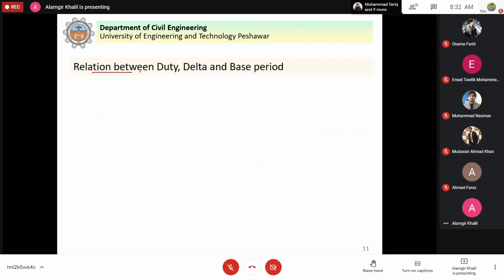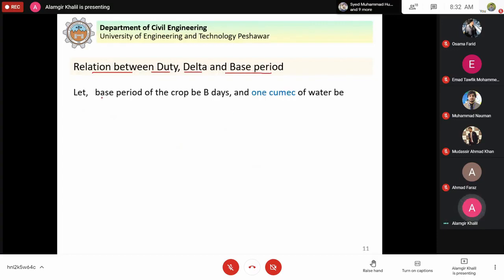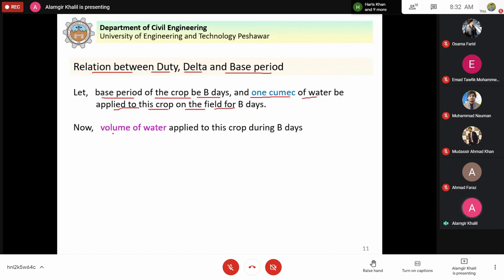A relationship between duty, delta and base period. Let the base period of the crop be B days and 1 cubic meter per second of water be applied to this crop on the field for B days. Now the volume of water applied to this crop during B days will be equal to B multiplied by, because B is in days, 24 hours, multiplied by 60 minutes and then 60 seconds.